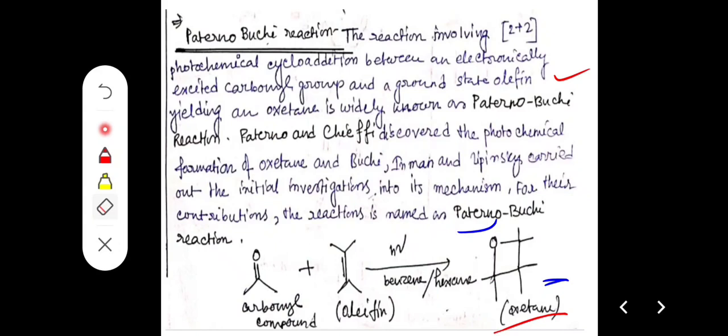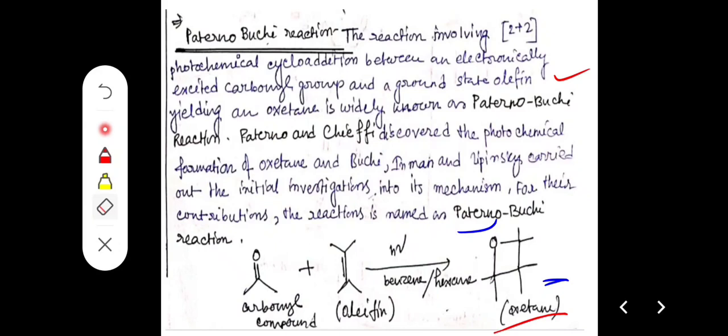Both have the same phase, because the HOMO and LUMO are now both pi star. So the two pi star orbitals combine easily as their phases are matched and bonding interactions can be seen. Due to this, the photochemical 2+2 cycloaddition of a carbonyl and an olefin is favorable.